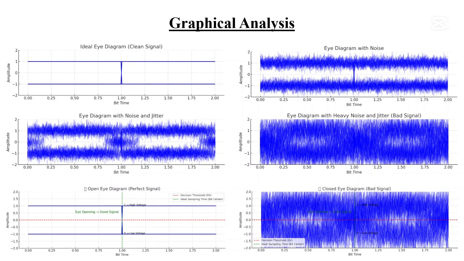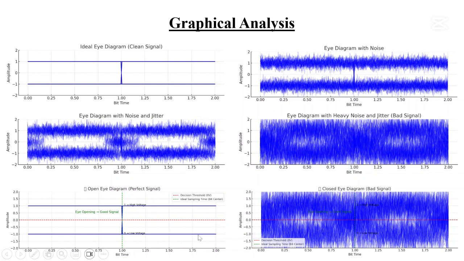So we can still identify the signals. Till here our eye is open, but if we have very high noise, a very bad signal, then the eye will be closed like this. Here identification is very tough, and we cannot identify the signal.